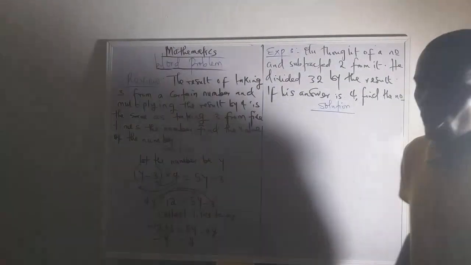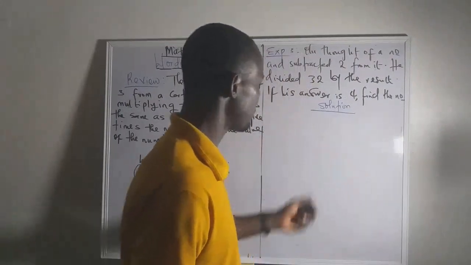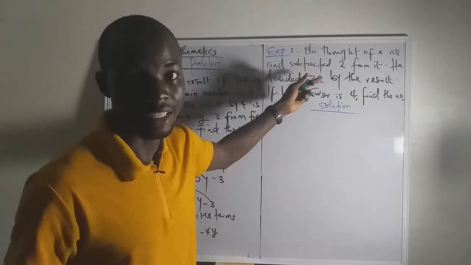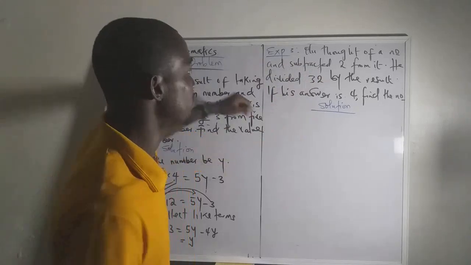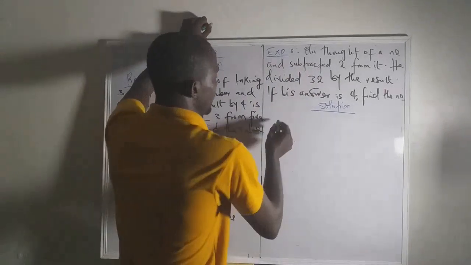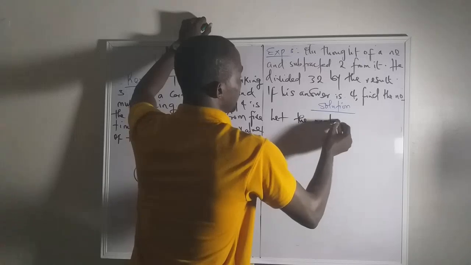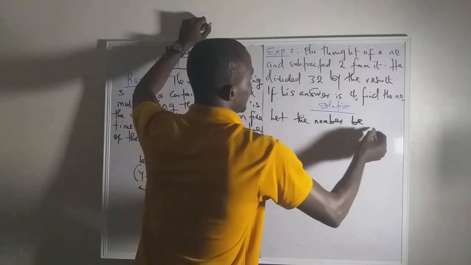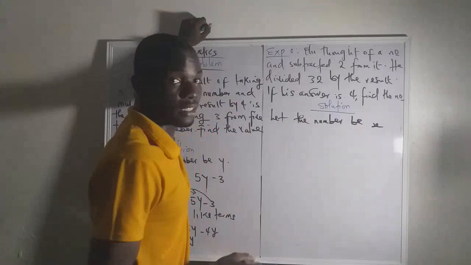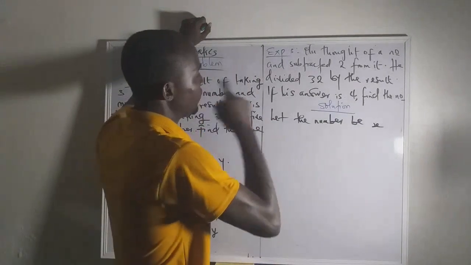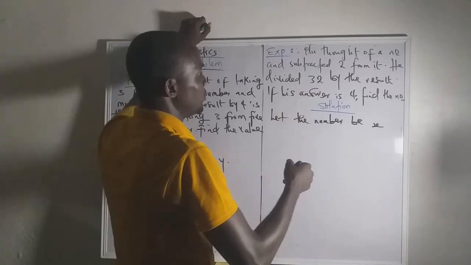So what we are going to do right here is we will start again taking the question bit by bit. Olu thought of a number. Let the number be x, isn't it?